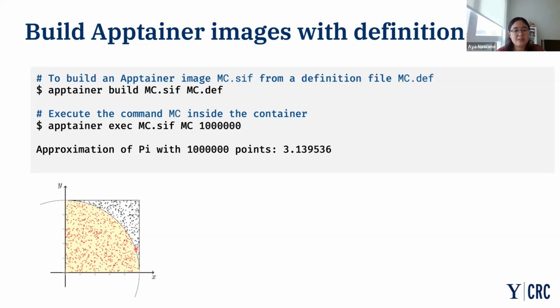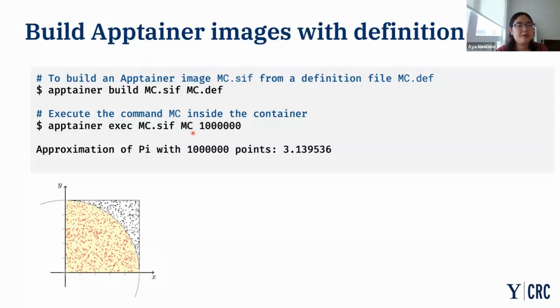Just to give you an idea how to use the definition file: once you have a definition file called mc.def, you can build an Apptainer image called mc.sif with the command apptainer build, the name of the image, and the name of the definition file. Once the Apptainer image is built, we can run it as we have seen in the previous slide, let's say using apptainer exec, the name of the Apptainer image, and then the command and our argument.